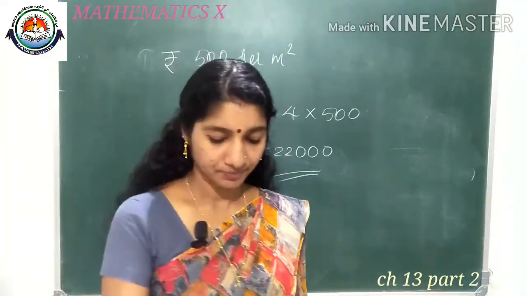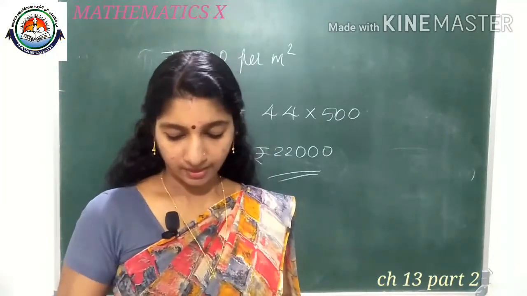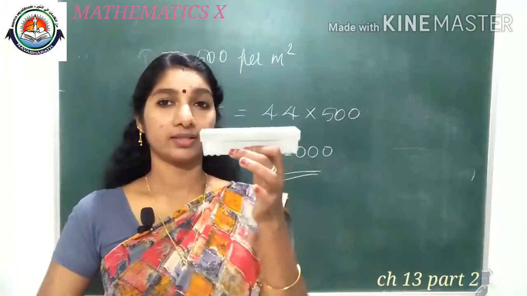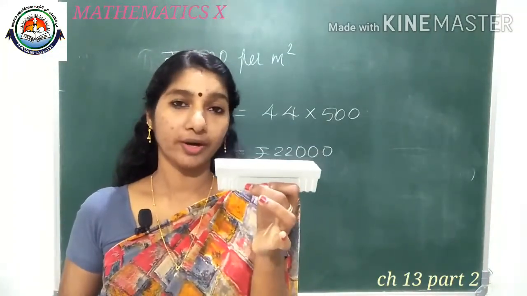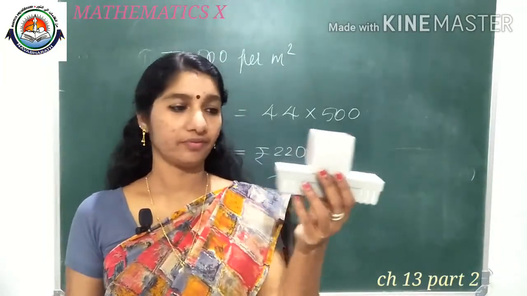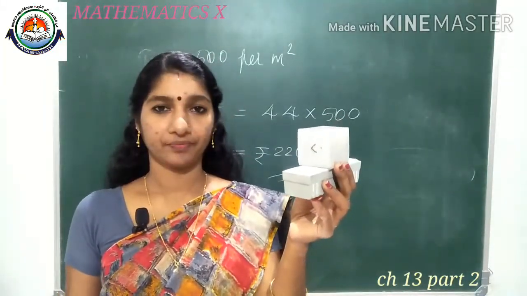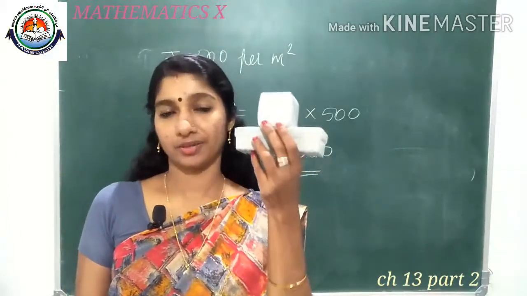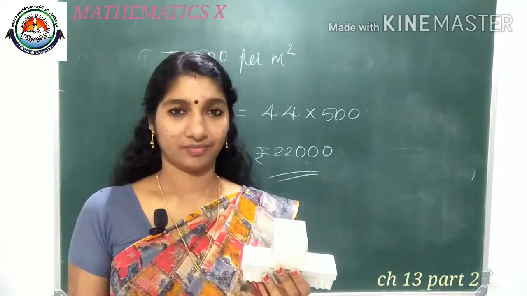What will come? See, suppose I am fixing one cuboid, and on this cuboid one cube. We are getting a new shape. What will be the total volume of this new shape?